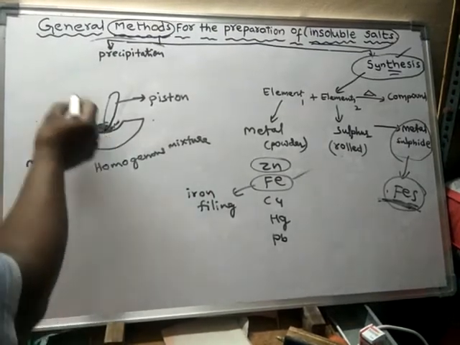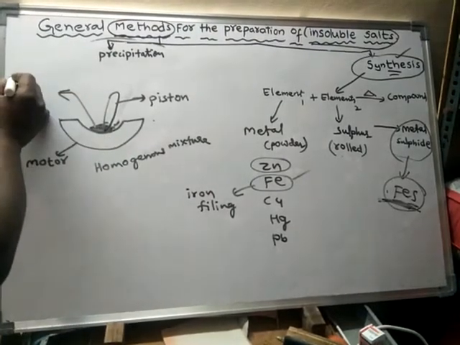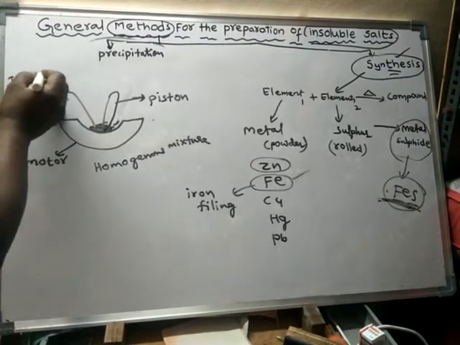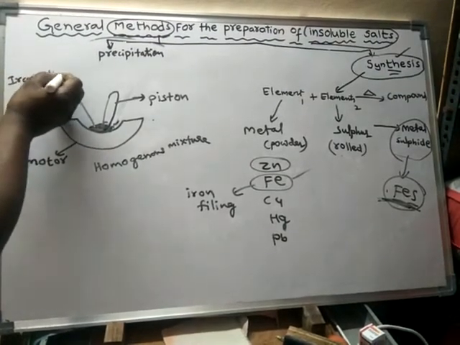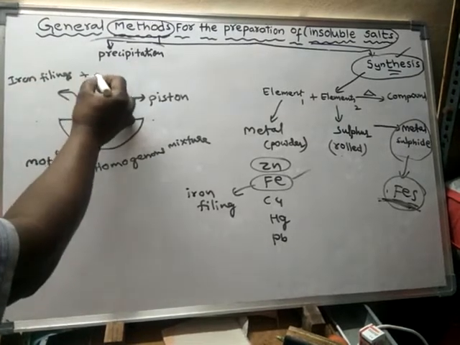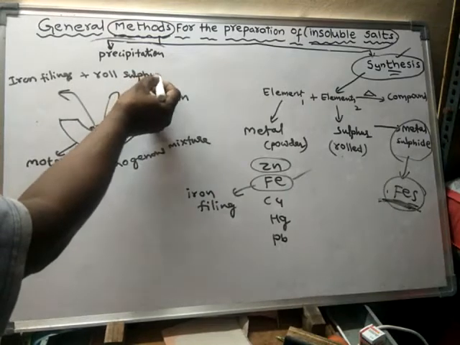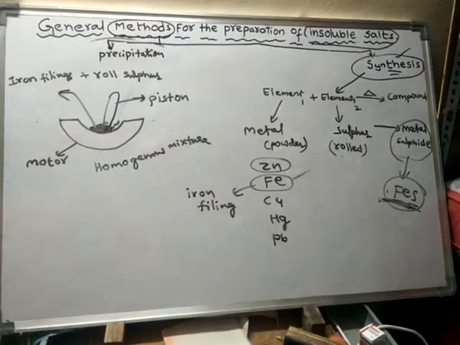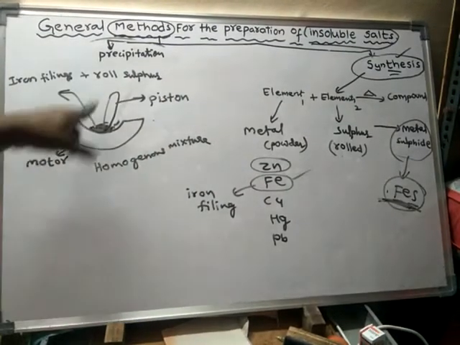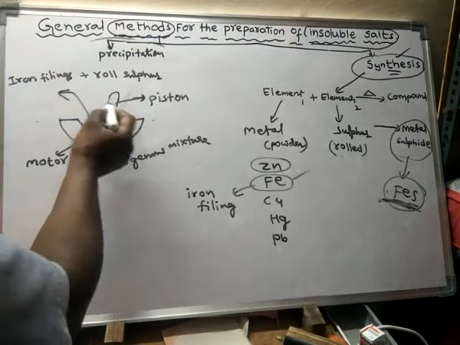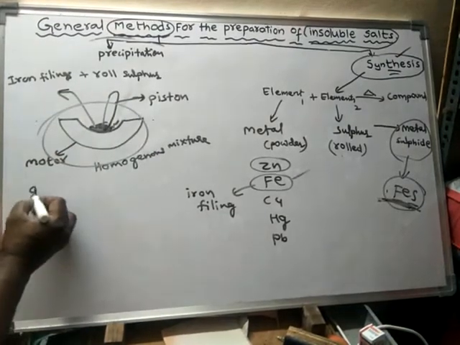What are these two substances? One is iron filings and another is rolled sulfur. Now these two are ground. This process is called the grinding process.